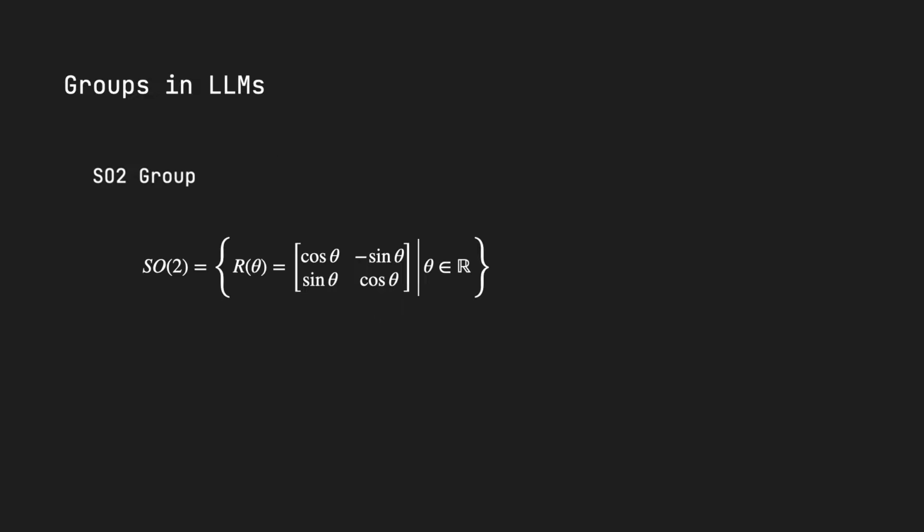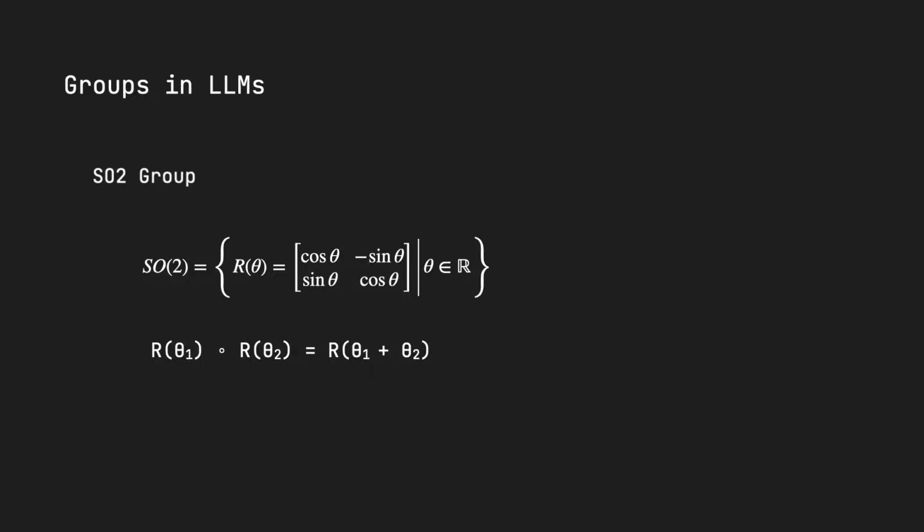So the SO2 group is basically this set. It's comprised of this matrix where theta is a real number. So unlike the previous group in the beginning that we saw, which was finite, with a finite number of angles, this is infinite.